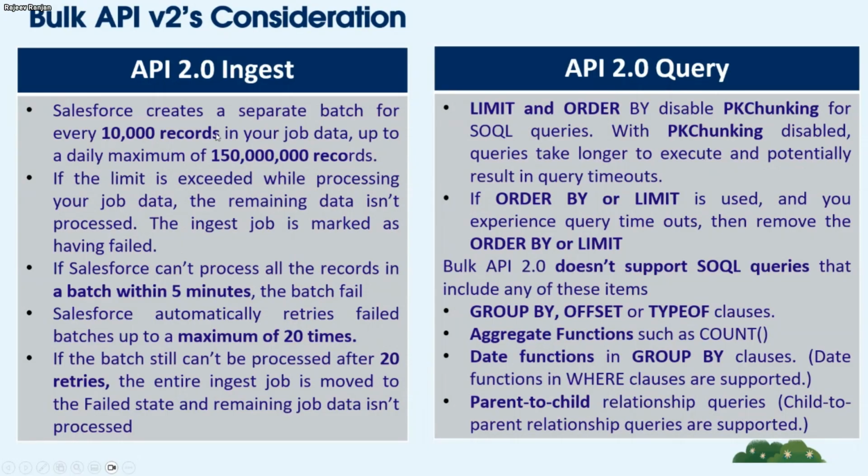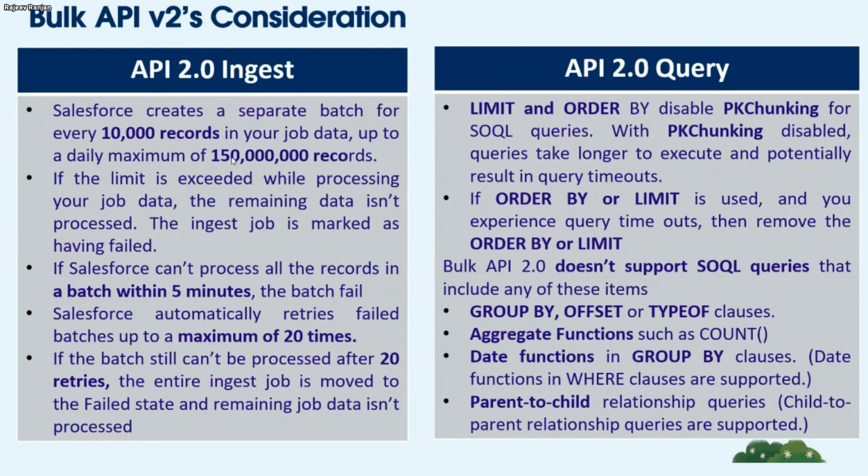If you have 10,000 records, in V1 we were doing the batch management; now Salesforce is doing it behind the scenes, creating a batch for every 10,000. If the limit is exceeded while processing your job data, the remaining data isn't processed, so the ingest job is marked as having failed.